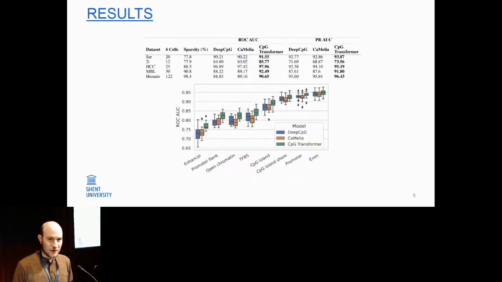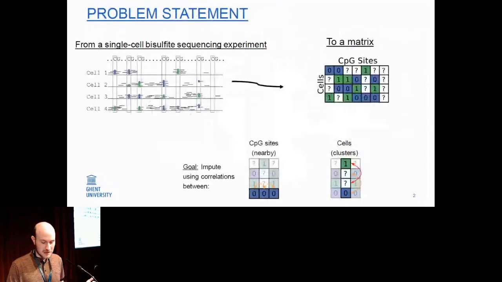Right, so results. I think I can be quite brief here by just saying, I think we all know that I wouldn't be standing here if the model was complete rubbish. I tested the CpG Transformer on 5 data sets and also compared it with 2 competing models. It's not unimportant to know that these 2 competing models use the same biological assumptions, so they also model correlations between rows and correlations between columns in the same row.